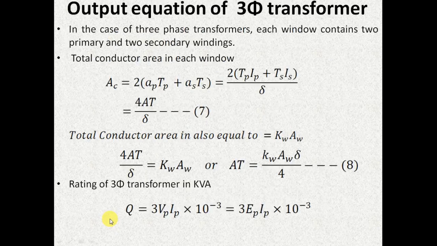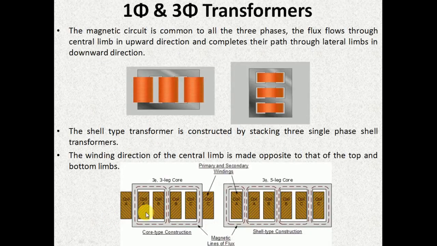Next, we are going to determine the output equation of a three-phase transformer. The procedure to derive the output equation remains the same as that of the single-phase transformer. If we look into the construction of the three-phase transformer, here you can see two windows. In each window, you will see the primary and secondary windings of two phases.